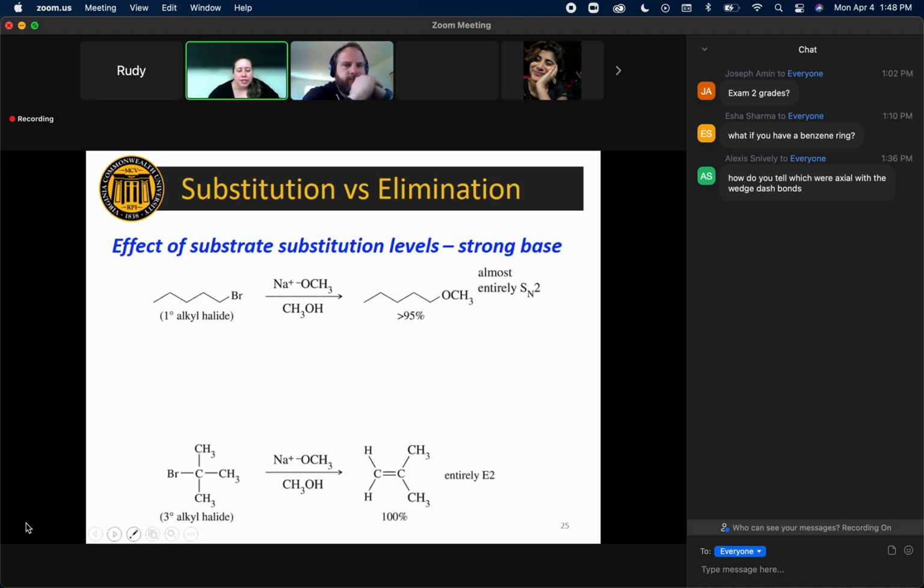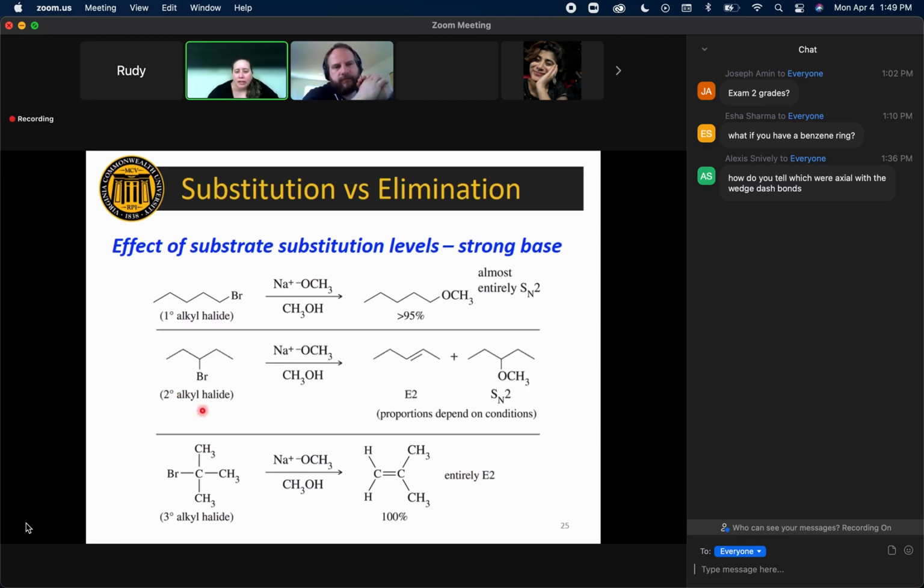If we look at a tertiary alkyl halide, SN2 is not allowed, but we know that we have a strong base, so that's going to favor bimolecular reactions. So that tertiary alkyl halide is most likely to undergo an E2 elimination. If we have a secondary alkyl halide, we have a strong base, bimolecular reactions are occurring, so we will get both E2 and SN2 products.